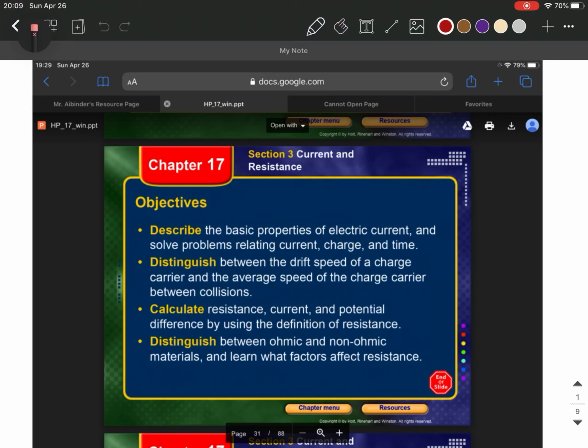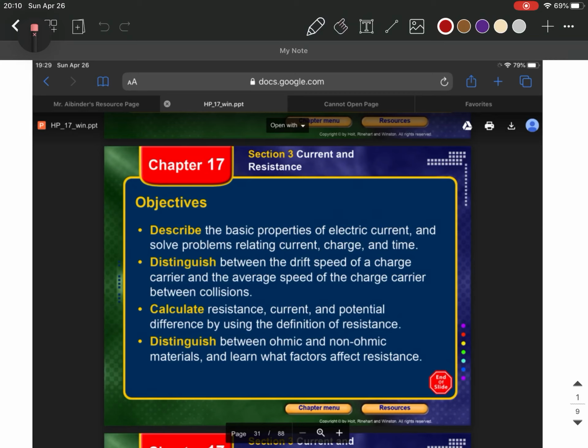We're going to be following along in your book on page 594. So we already covered electrical potential, remember potential difference, and we already covered capacitance. Today we're going to be further talking about electrical current and resistance.